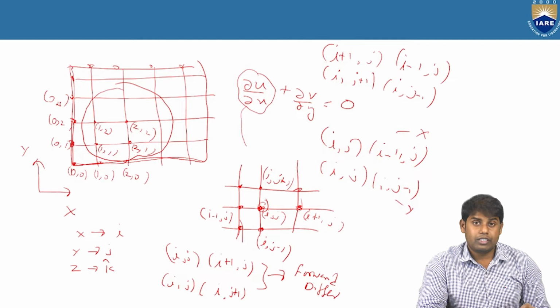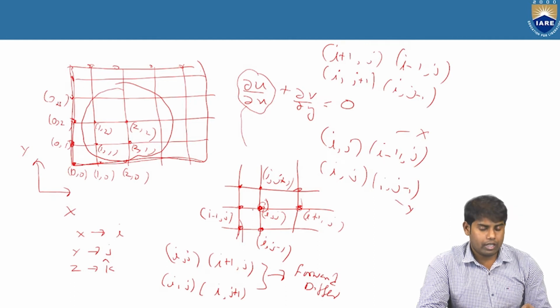About this point, for the central difference, you take one point on the left side and one point on the right side. For the forward difference, you take the i comma j point and the right point. For the backward difference, you take the i comma j point and the backward point. But for the central difference, we take the i plus 1 comma j point, the forward point, as well as the backward point.